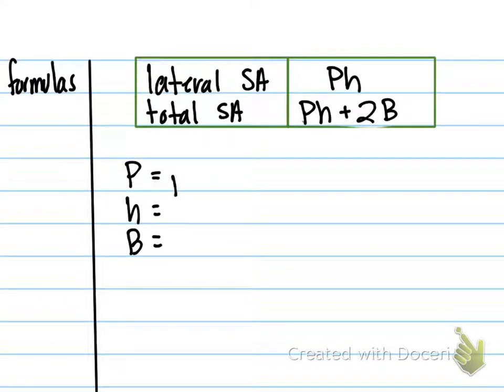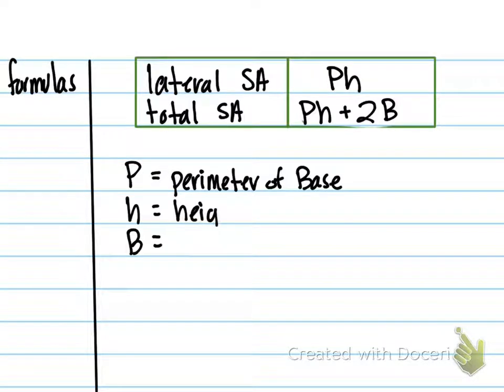P still means the perimeter of the base. The H is still height. And capital B is still the area of the base. The only thing that's different is that the base is going to be a triangle and not a rectangle or a square.